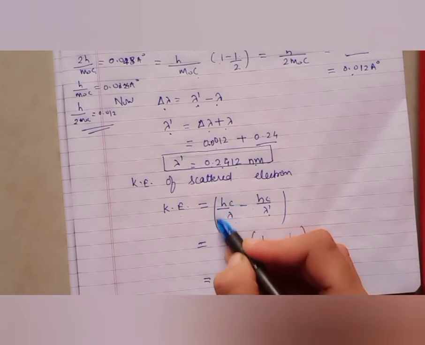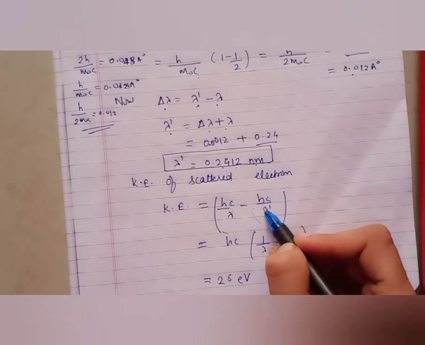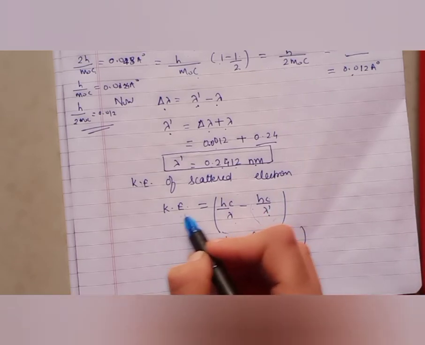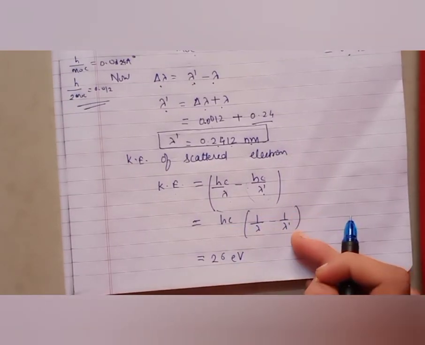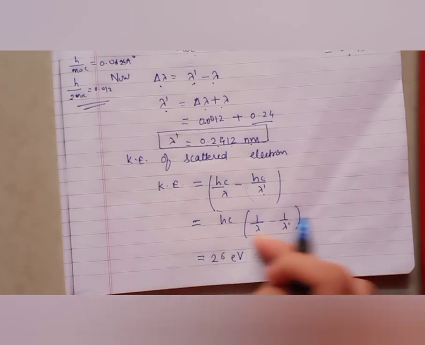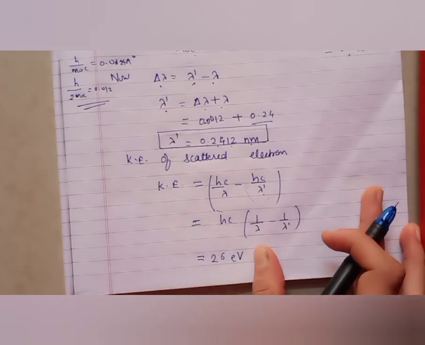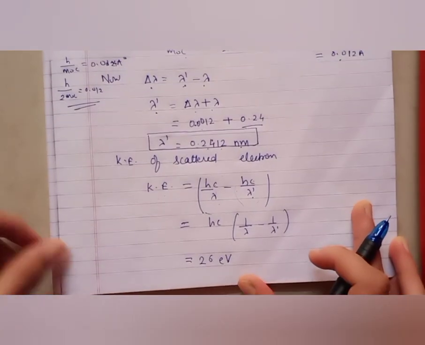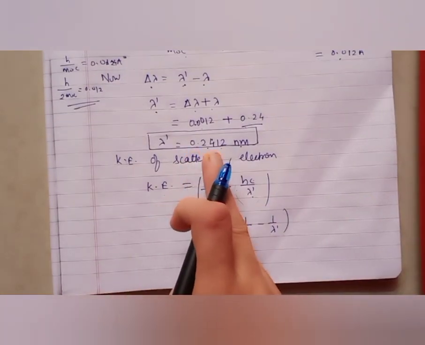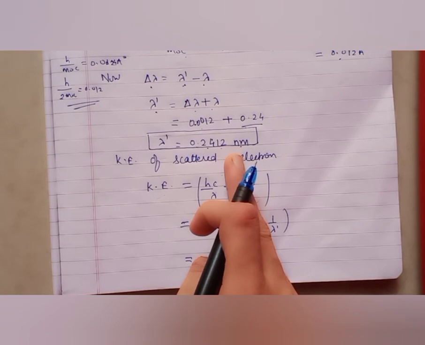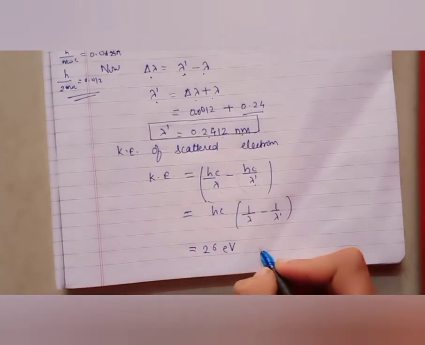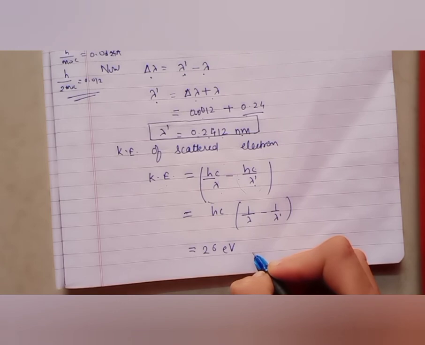The energy of the incident photon minus the energy of the scattered photon is carried by the scattered electron. So hc into 1 by lambda minus 1 upon lambda dash. If you substitute all these values, lambda is 0.24 nanometer, lambda dash is 0.2412 nanometer. The final answer, the kinetic energy, comes out to be 26 electron volts.